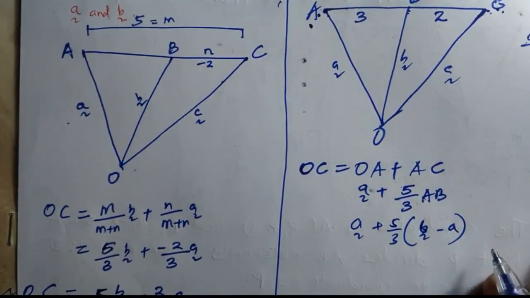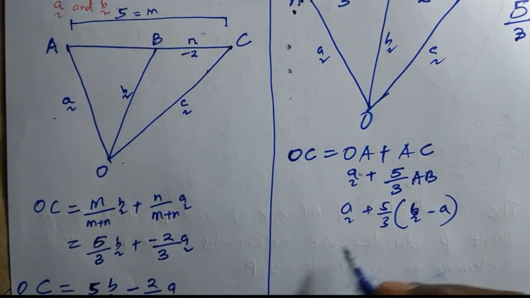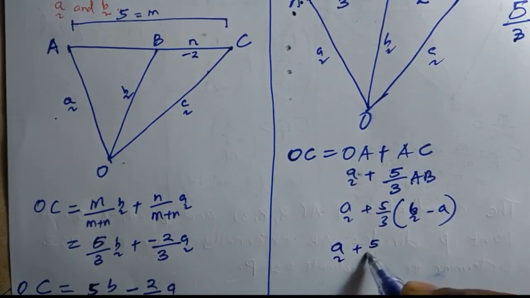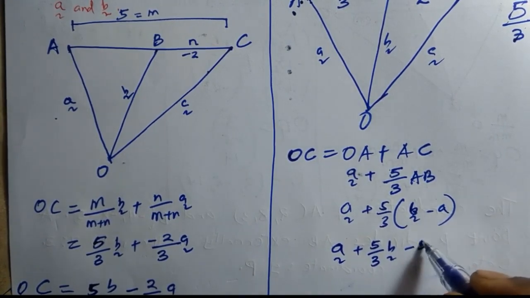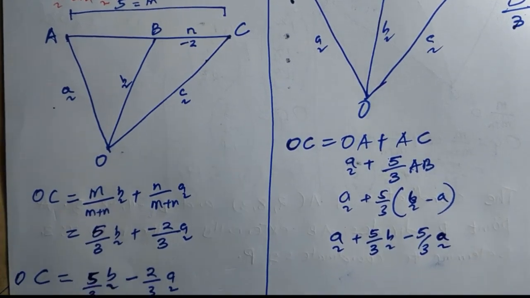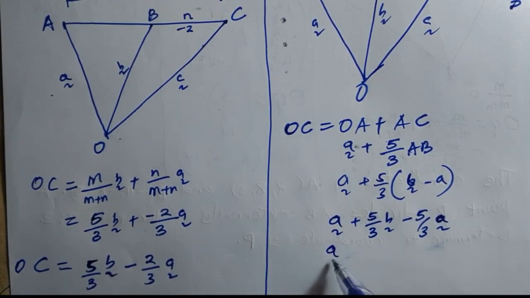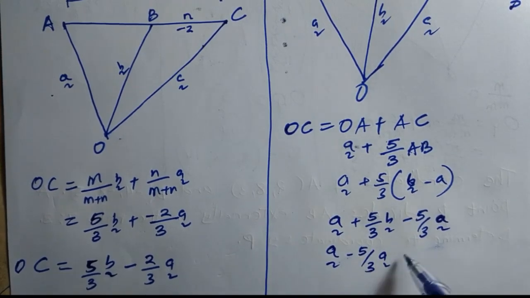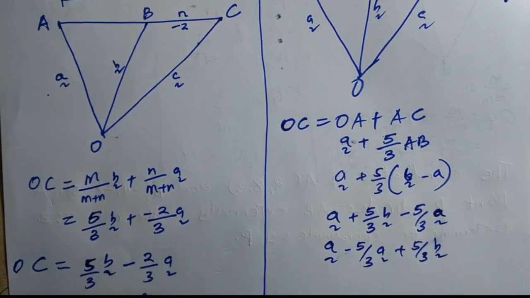So a plus 5 over 3 b minus 5 over 3 a. Collecting like terms together: a minus 5 over 3 a plus 5 over 3 b.